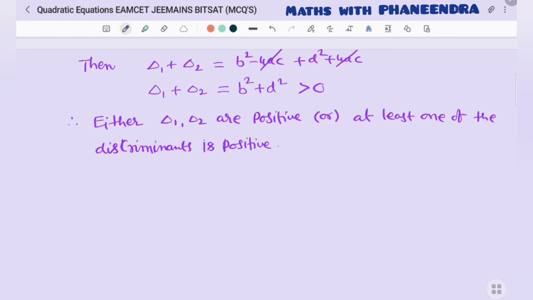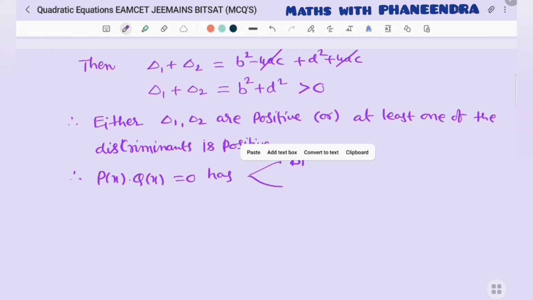Suppose in this case, therefore we will give the conclusion. p of x into q of x is equal to 0 has, suppose both are positive, so two cases here only I am telling. Both the cases, delta 1 comma delta 2 both are greater than 0, this time 4 real roots will come.